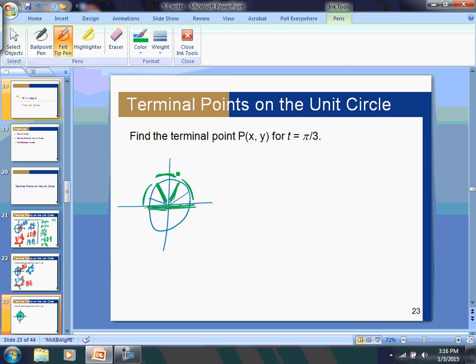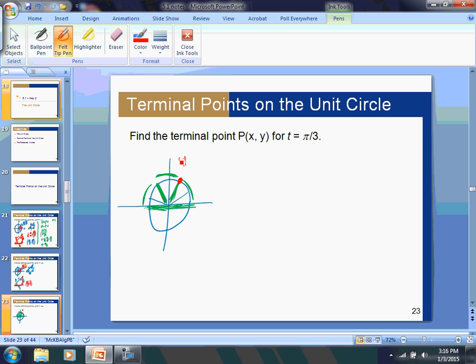Those overlap the other slices, I guess you could call them, that you would make for every 30-degree or every pi over 6 increment. So there's a connection here. But I am going to be finding the terminal point for right there.